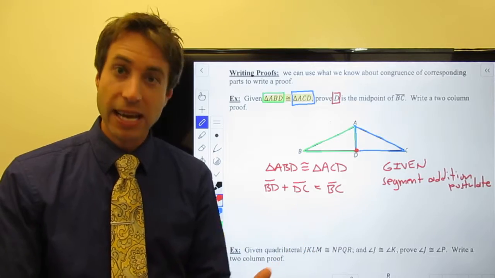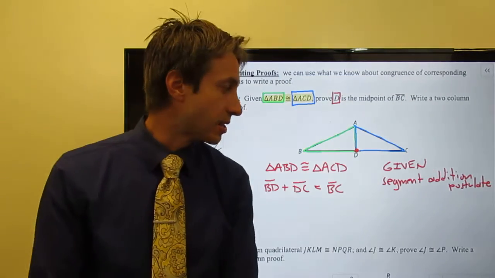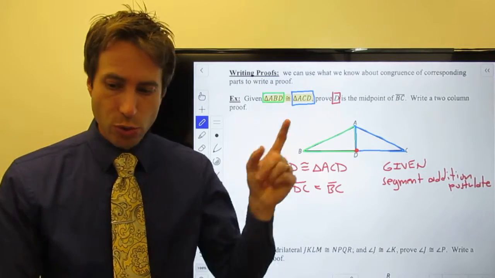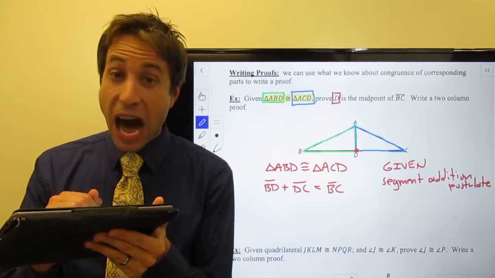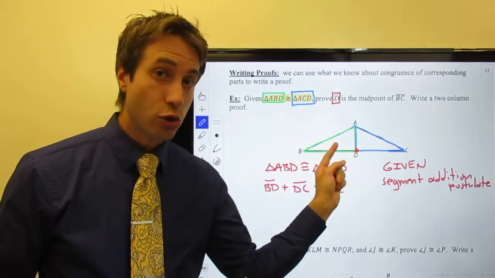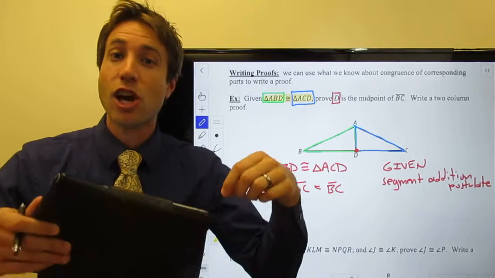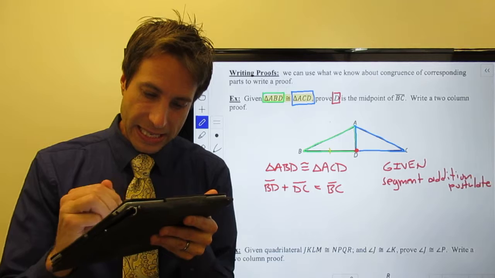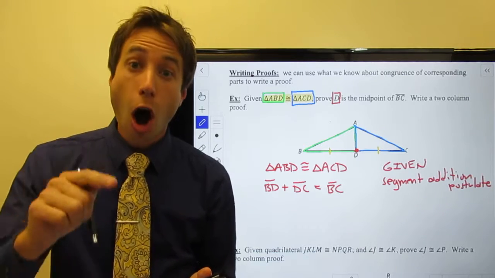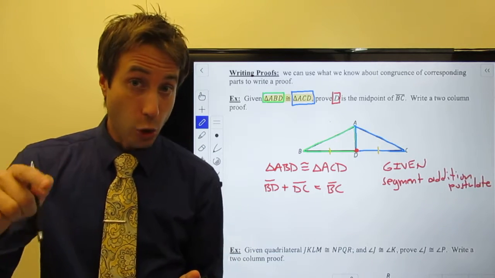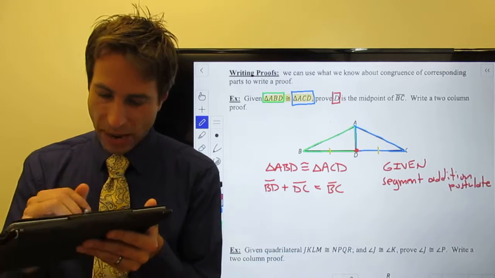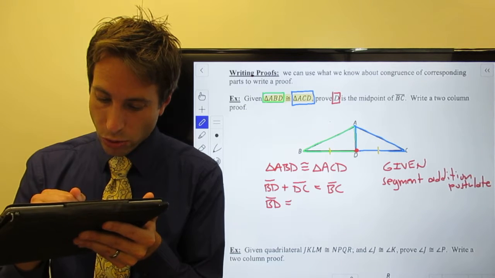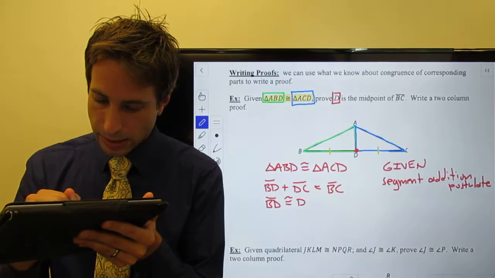So I can write that statement based on the segment addition postulate, but based on congruence, here's what I can say. I know these are congruent triangles, which means corresponding parts are congruent. Well, BD and DC are corresponding parts. So my next statement would be BD is congruent to DC.